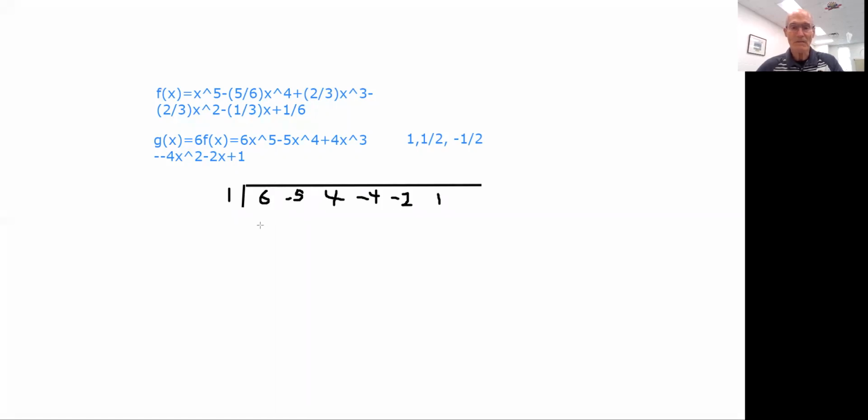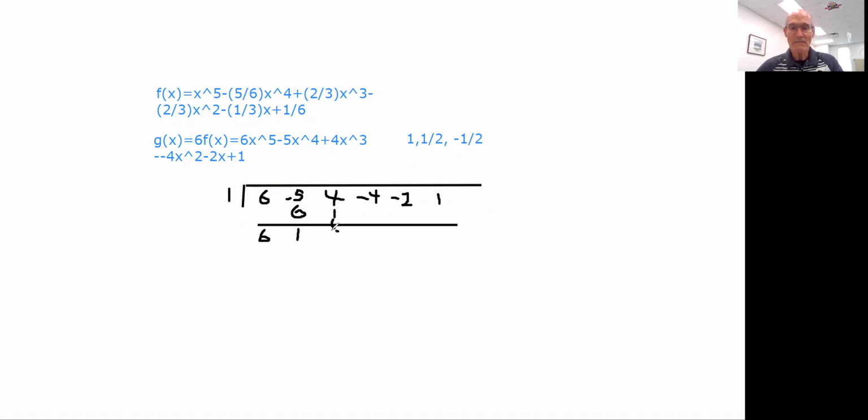And we will do our synthetic division. So we drop the 6 down. We multiply by the 1, so we get a 6 here. If we add, we get 1. 1 times 1 is 1.